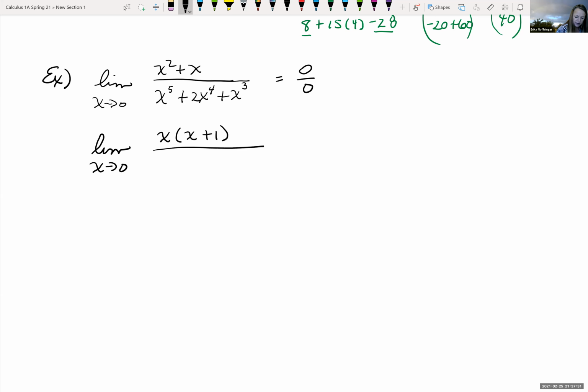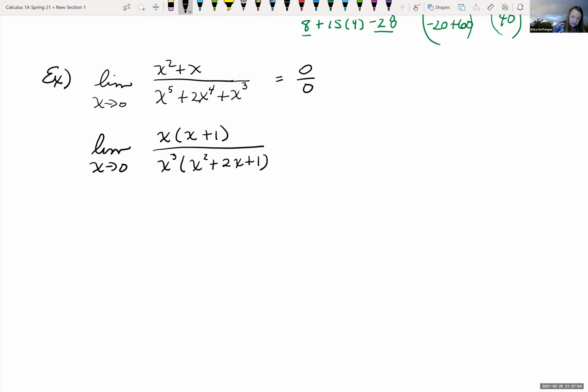And in the denominator, they all have x cubed in common. So if we pull out x cubed, we get x squared plus 2x plus 1.